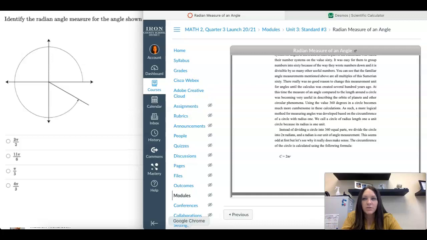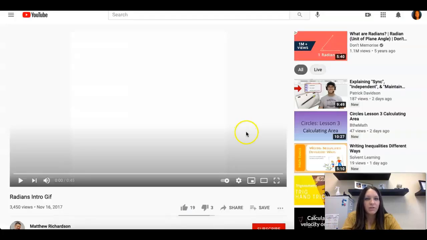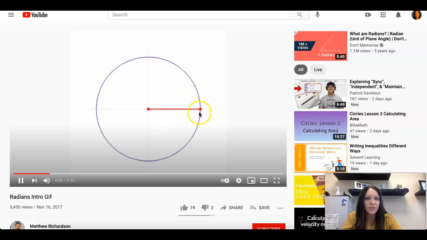So we're going to do kind of a video within a video here to show you how a radian works. I take the radius of a circle, and we're going to take that radius and move it out and go along the arc.